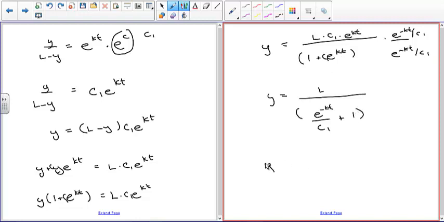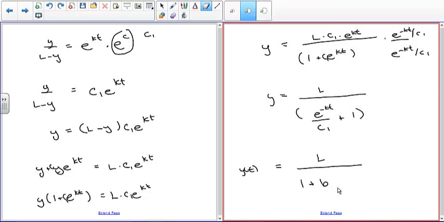So ultimately, we don't have to derive this. The ultimate expression for the population y as a function of time for logistic growth is equal to L over 1 plus, and instead of calling this 1 over c1, they call it B for some reason.